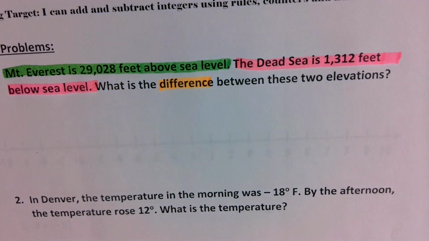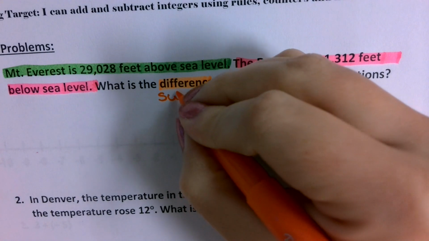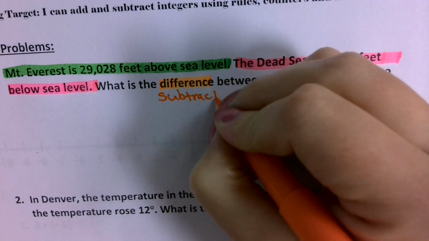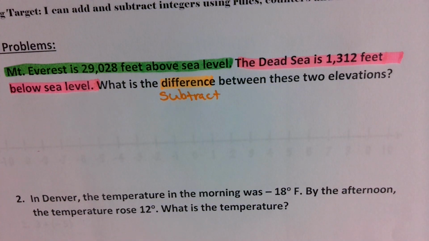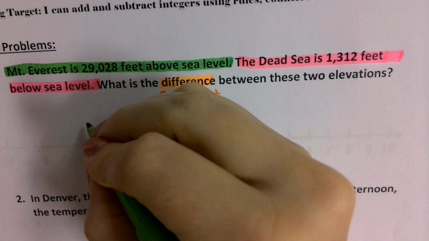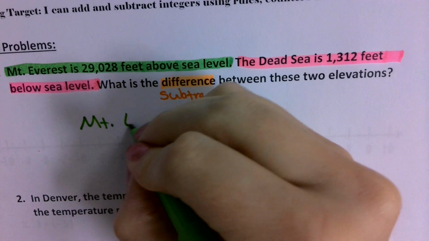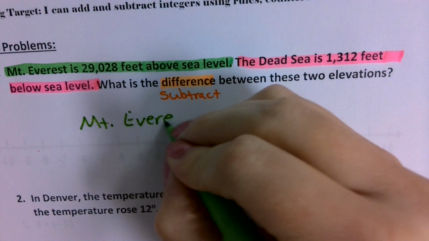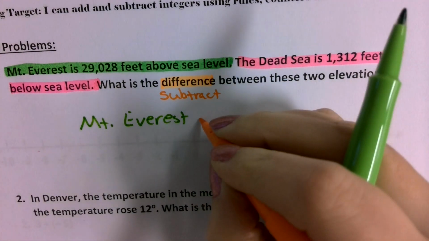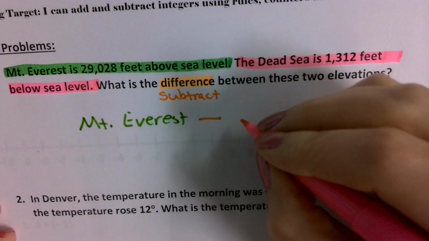So I want you guys to go ahead and highlight that. I highlighted it in orange. I'm going to write right below it that it is subtraction. We are going to be subtracting. Now, when we are taking the difference of these two values, we are going to find Mount Everest minus the Dead Sea.